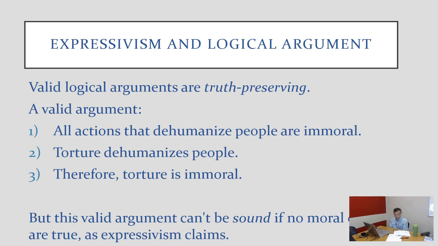What the premise would really mean for the expressivist is here that dehumanizing people, oh, I really don't like that. Or please do not dehumanize people. Or we would say, taking my other example, discriminating on the basis of race, that's old-fashioned, and we don't do that anymore.